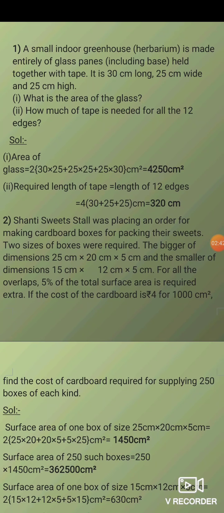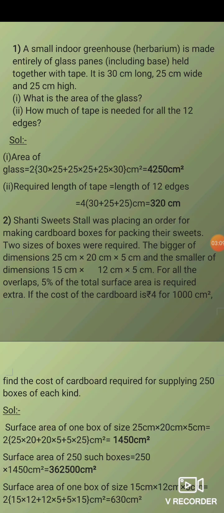Shanti's sweet stall was placing an order for making cardboard boxes for packing their sweets. 2 sizes of boxes were required. The bigger of the dimension 25 cm by 20 cm by 5 cm and the smaller of the dimensions 15 cm by 12 cm by 5 cm.